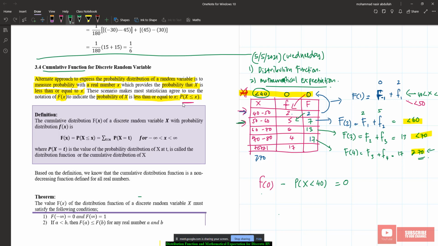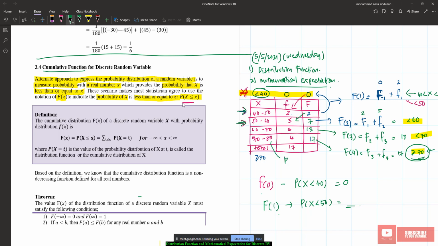Kalau kita nak cari probability of the first one, F1, it means that probability of X less than 50, which is equal to something lah. You need to calculate this one. Right? So based on the trend here, except the last row is actually less than lah.